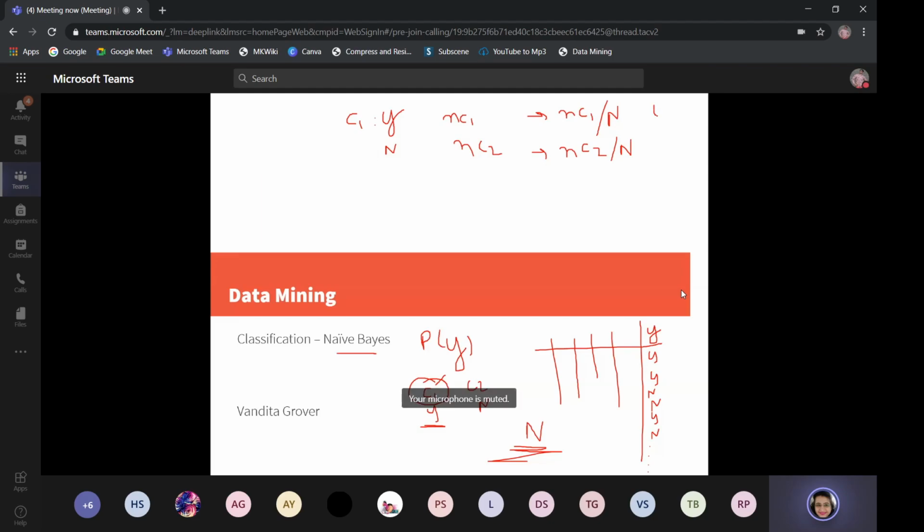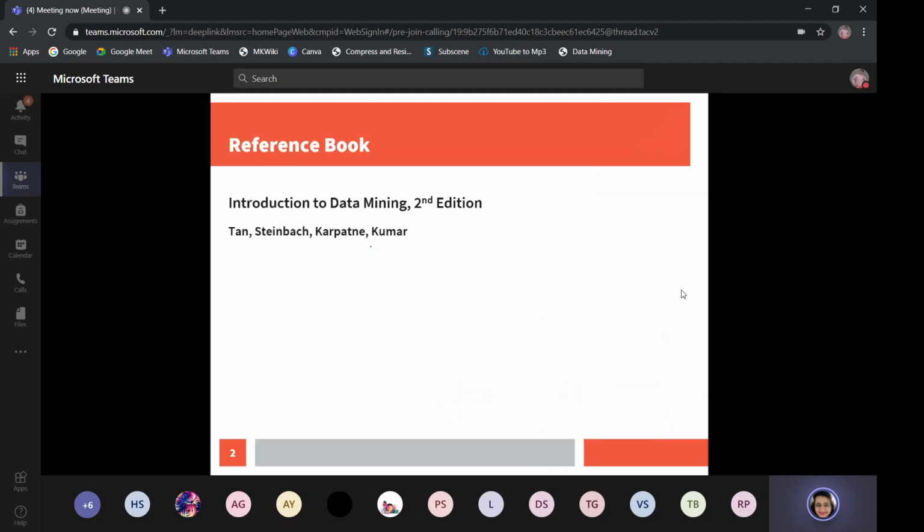So you are saying P of C1 and P of C2. This is known as prior probability. You already know this probability because the records are given to you, the data set is there. These things have already occurred, so this is known as the prior probability.